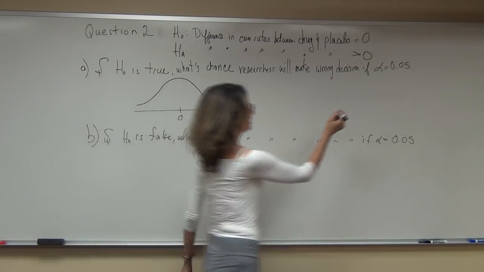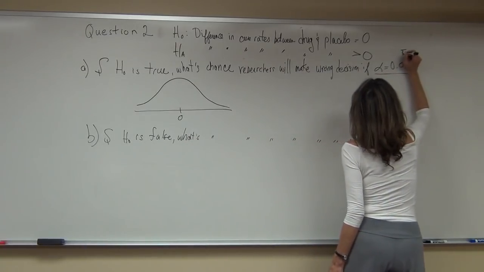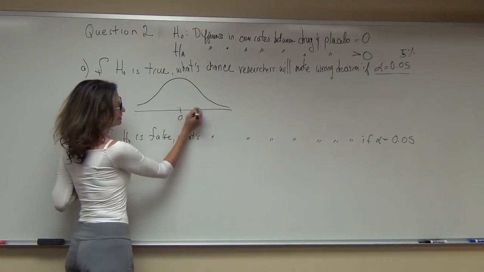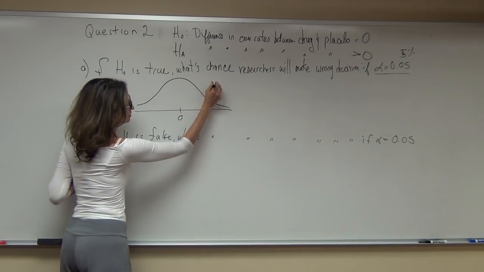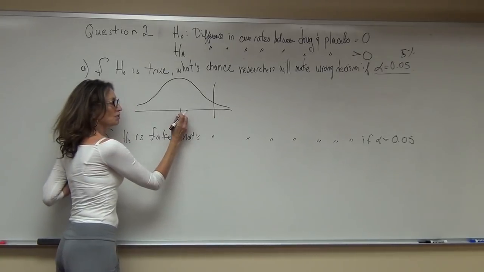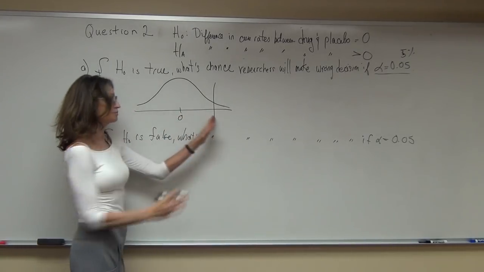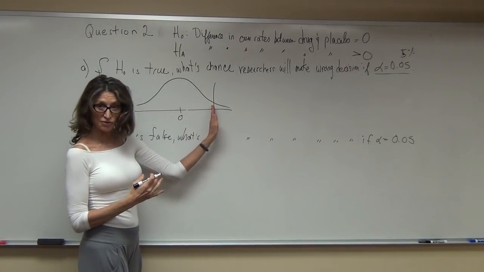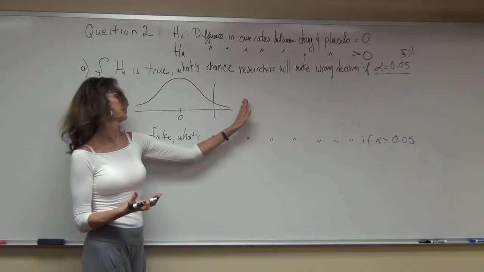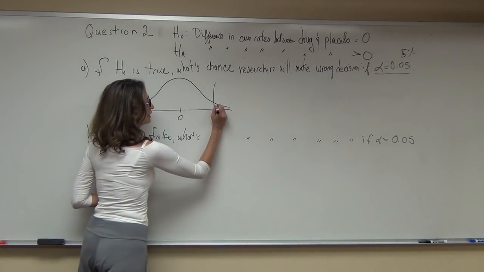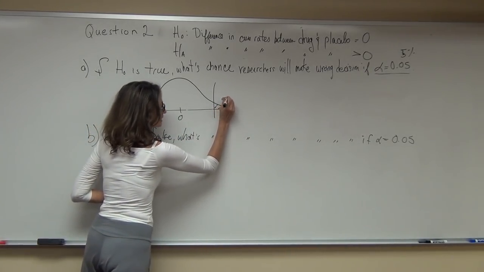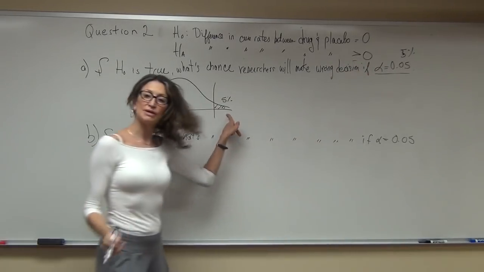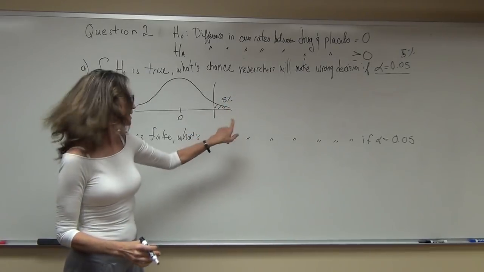So when we set alpha equal to 5%, what that means is we're going to set it so that 5% of the time we'll say it's beyond a reasonable doubt, and if it's on this side, we'll conclude that the drug worked. If it's on this side, we'll say no, the difference is bigger than 0. And this right here is 5%. Now it's a one-tailed test because we specified the direction. So all the error is contained in here.